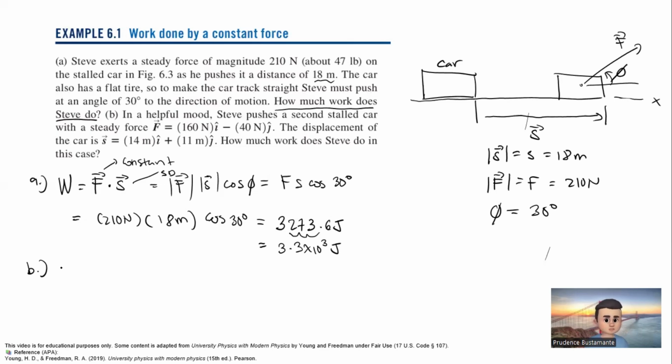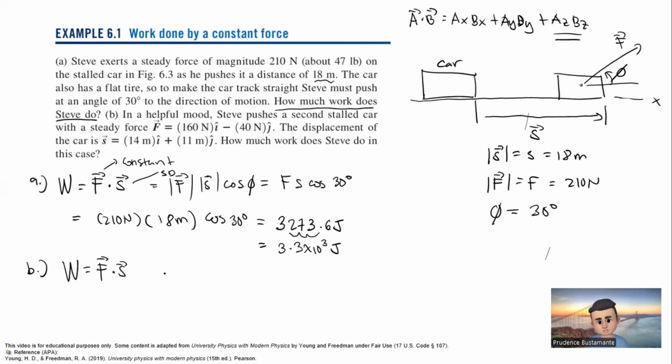Okay, if we recall, the work is just F dot S. So if we recall, we have A dot B is equal to AX BX plus AY BY plus AZ BZ. It has no Z component, only X and Y components.